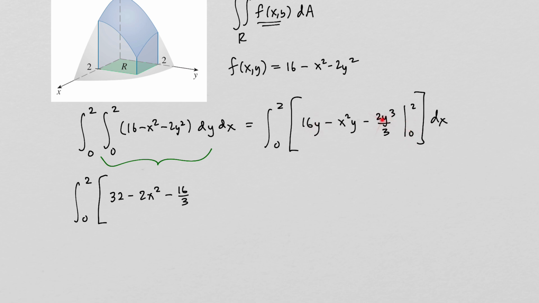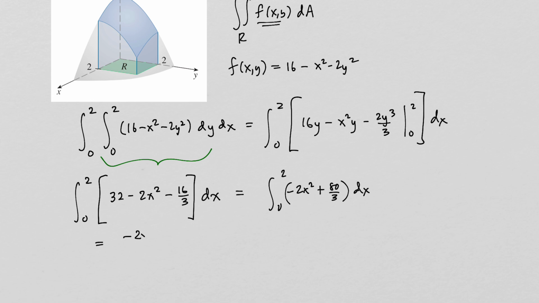And now when I plug in y equals 0, we get 0. Now we can simplify this a little bit. 32 is the same as 96 over 3, minus 16 over 3 is 80 over 3. So we have negative 2x squared plus 80 over 3 dx.